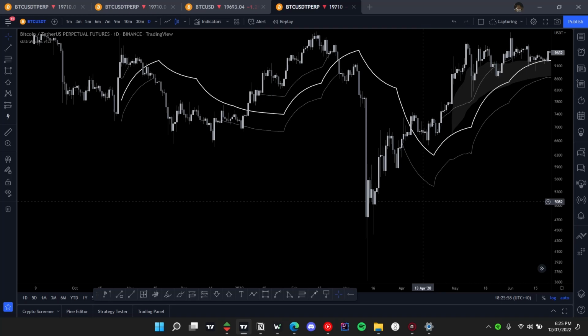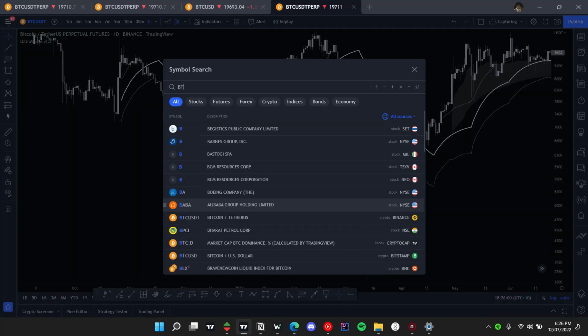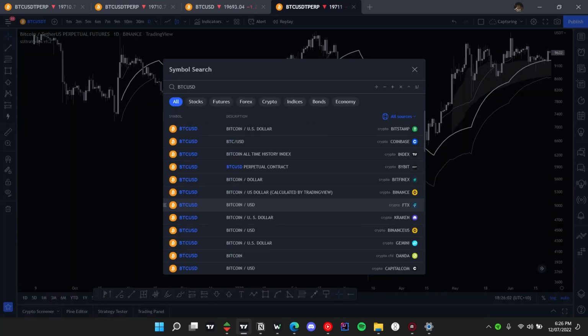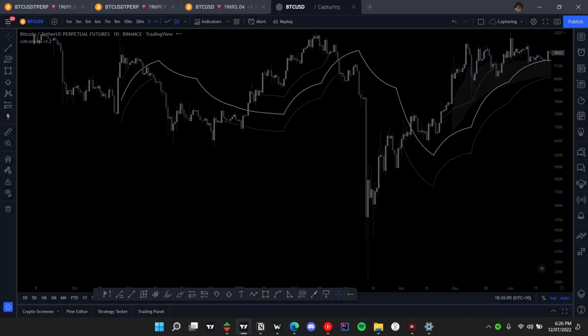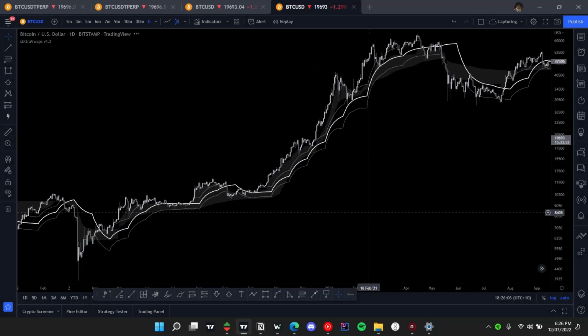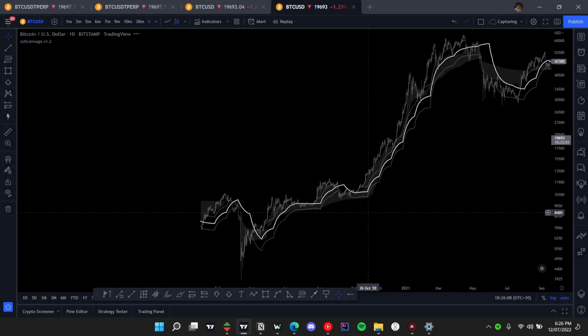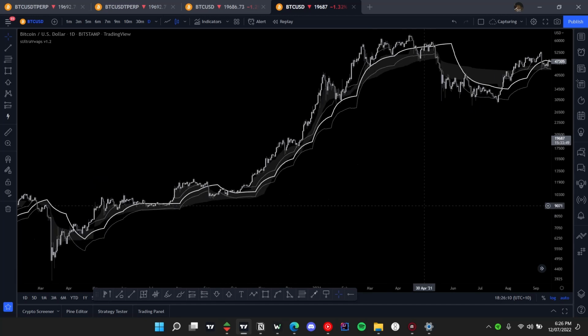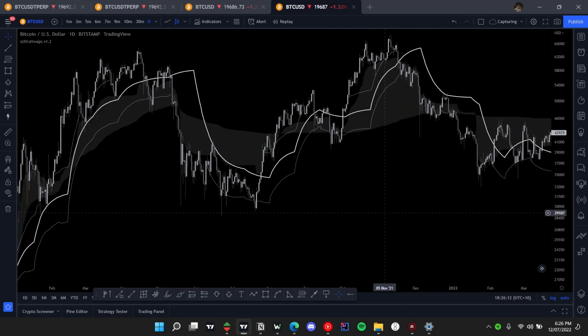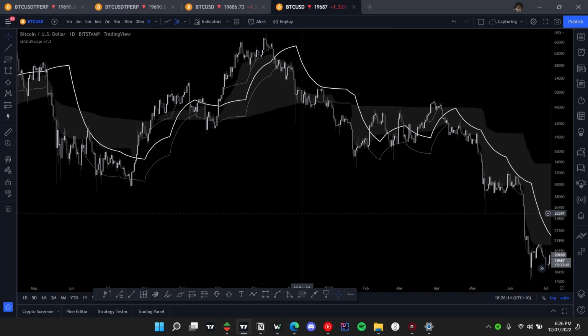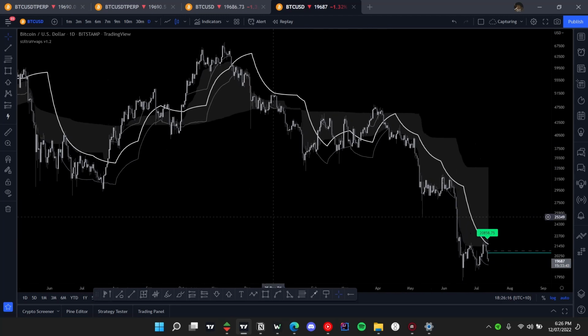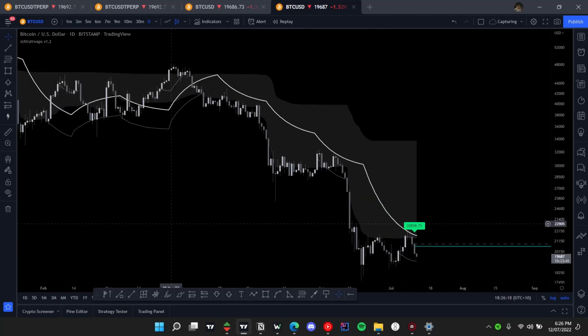Let's go to the chart of Bitcoin USD on Bitstamp and see how accurate this indicator has been in order to predict the macro top and macro bottom. And you tell me whether you like the indicator or not.